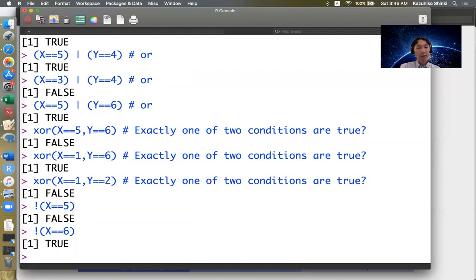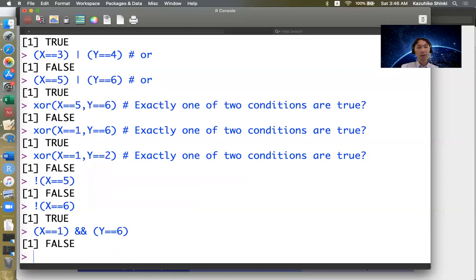And sometimes we have the double and. X is equal to 1 and Y is equal to 6, false. So this works almost in the same way as AND, but computationally it's slightly different.